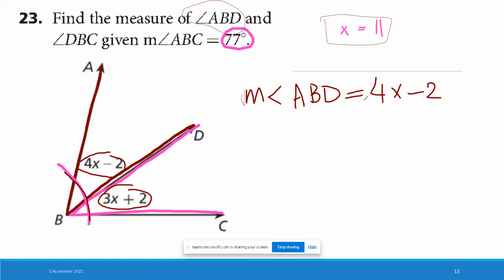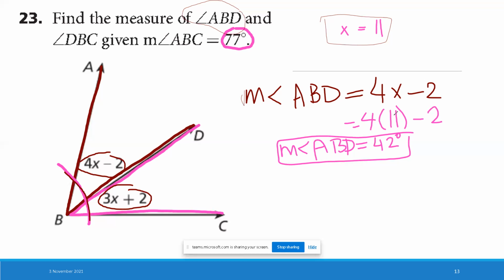Yes, Habiba. So we have to substitute x, bravo. So 4 times 11 minus 2. Bravo, thank you so much. So the measure of the angle ABD is 42 degrees.